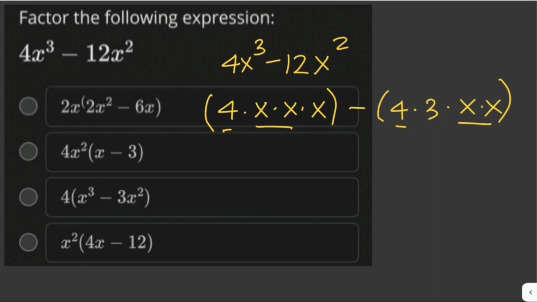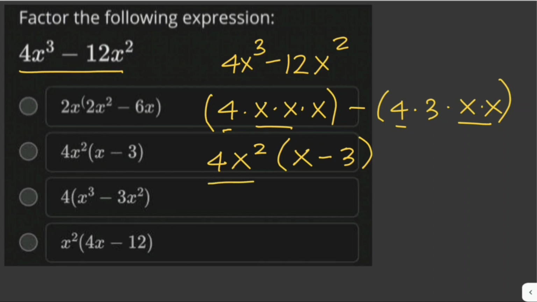So we can put 4 outside and x squared. So we are left with x minus 3. So the factor of 4x cubed minus 12x squared is just equal to 4x squared times x minus 3. So the answer is this one.